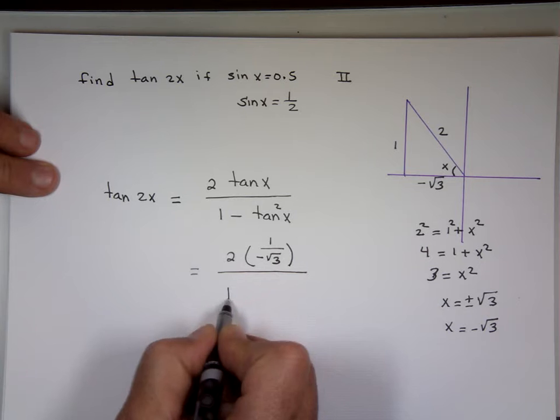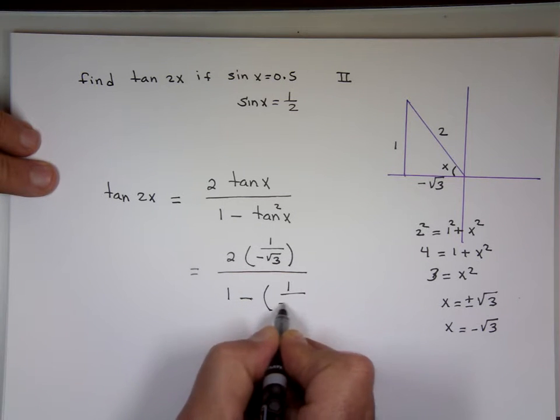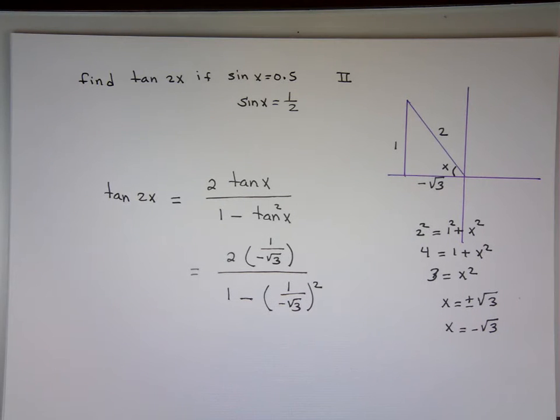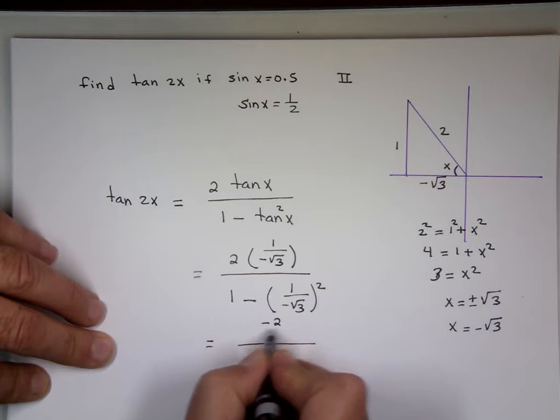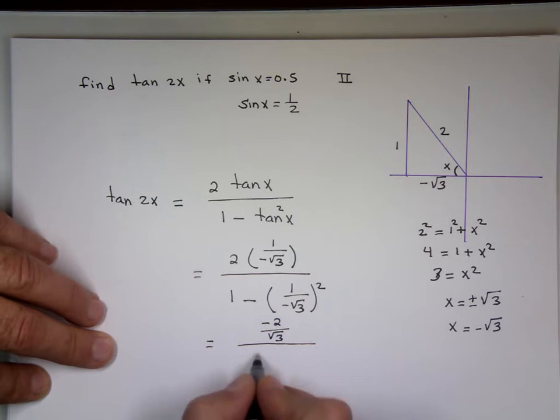Over 1 minus 1 over negative the square root of 3, squared. The minus sign you can put on the top or the bottom, it doesn't really matter. So when you simplify the top, it's going to be what? Negative 2 over the square root of 3, over 1 minus.